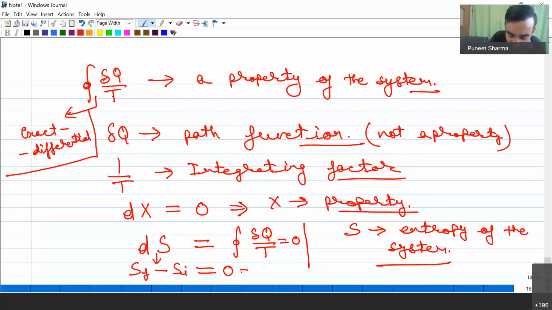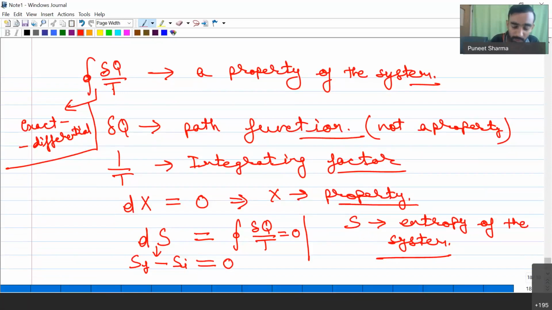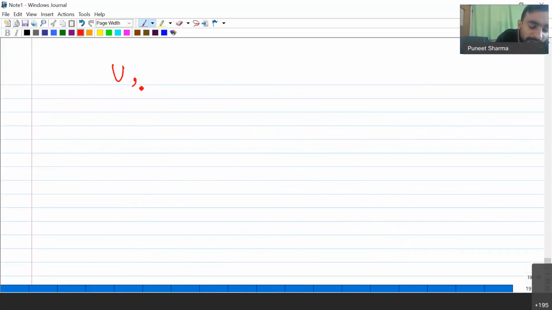And finally, I will be able to say that S final minus S initial is equal to 0, where S is nothing but a property of the system. Okay, so from the second law of thermodynamics, we have come to know about another kind of important property of the system. This particular property we call nothing but the entropy of the system, and it is given by the symbol S. Like other properties, for example, we have capital U, capital H for enthalpy, capital E for energy, similarly we use the symbol capital S for entropy.